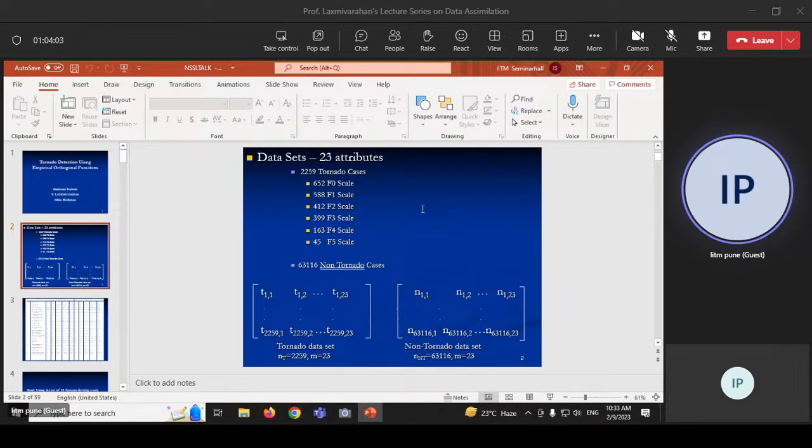Tornadoes are classified into what is called the Fujita scale, 1 to 5. Scale 1, I believe the minimum speed is about 80 miles an hour. Scale 5 is about 230 miles an hour. For the first time ever in the continental United States, they measured the highest possible wind in a place which is only 7 miles from my home.